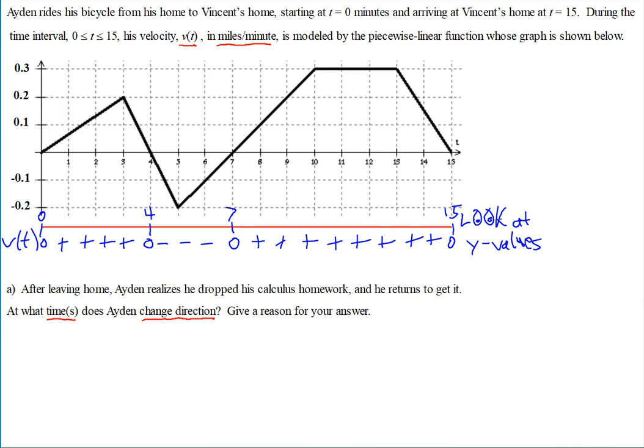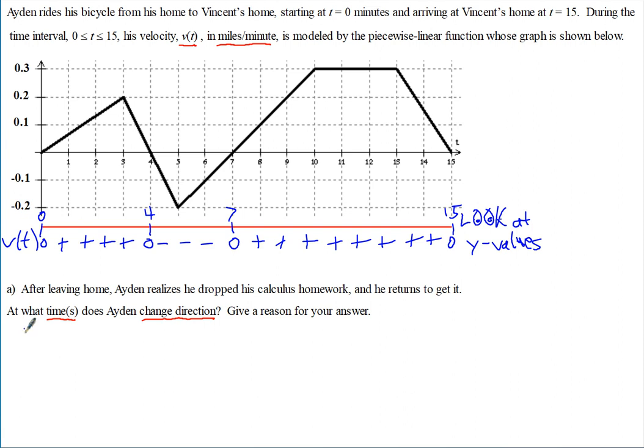So notice velocity is positive, in this case, when he's heading towards Vincent's home, and velocity is negative when he goes back towards his home, the other direction, and then back to positive again, heading towards Vincent's home. So you can see he changes direction when the velocity is changing sign, here at time 4 and 7.